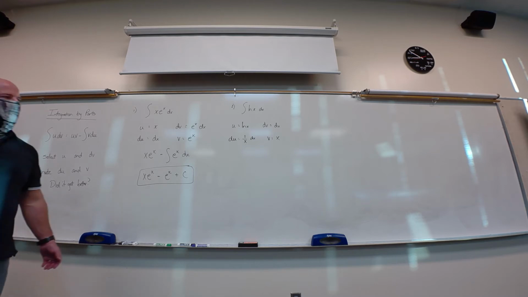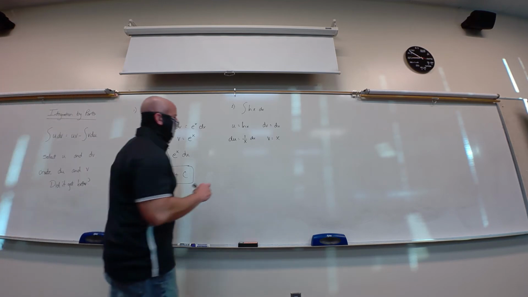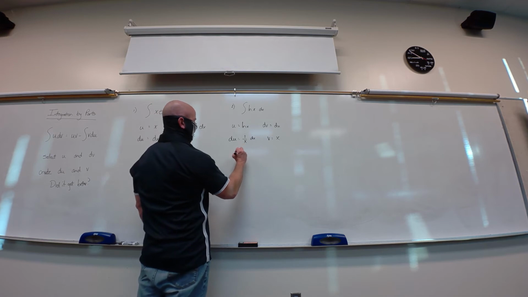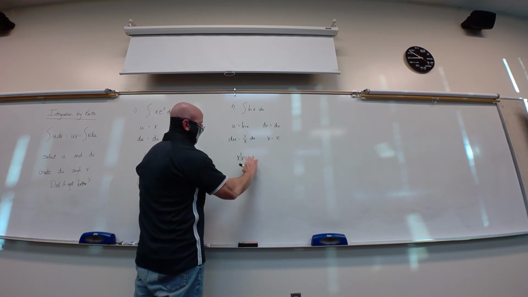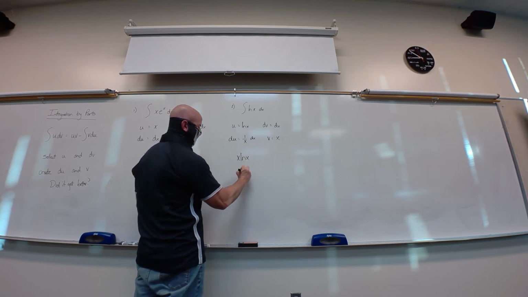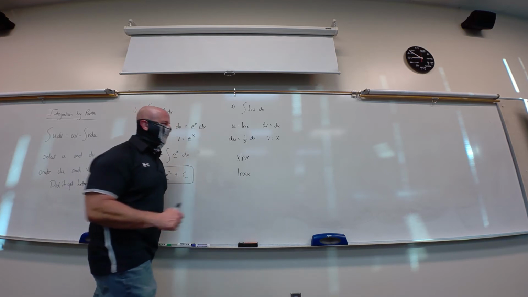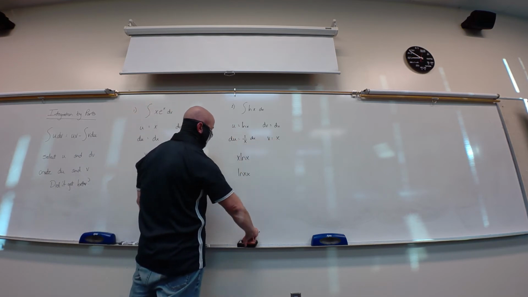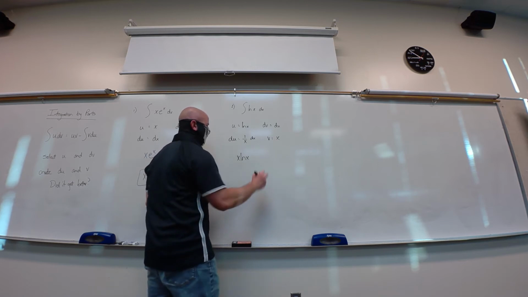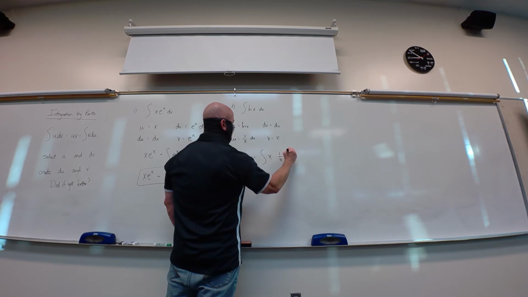Okay. So we're going to go uv minus integral v du. So let's see. x ln x. It doesn't matter if you write it ln x times x. I just usually, if I do this, then I get kind of confused unless I use parentheses. I usually put it in front. The u times v, minus the integral x times 1 over x dx.